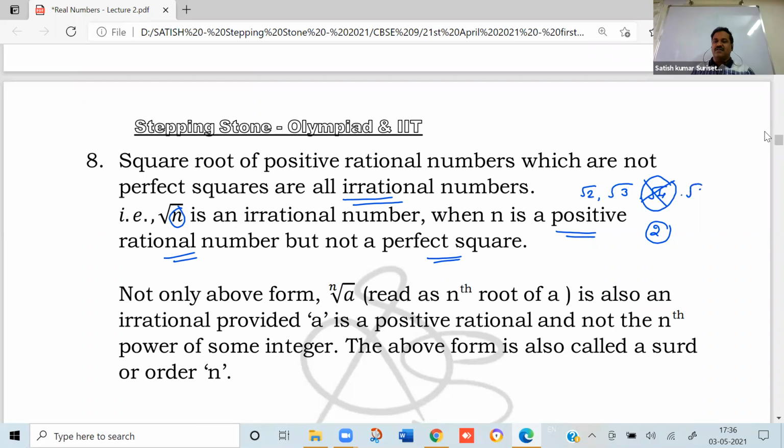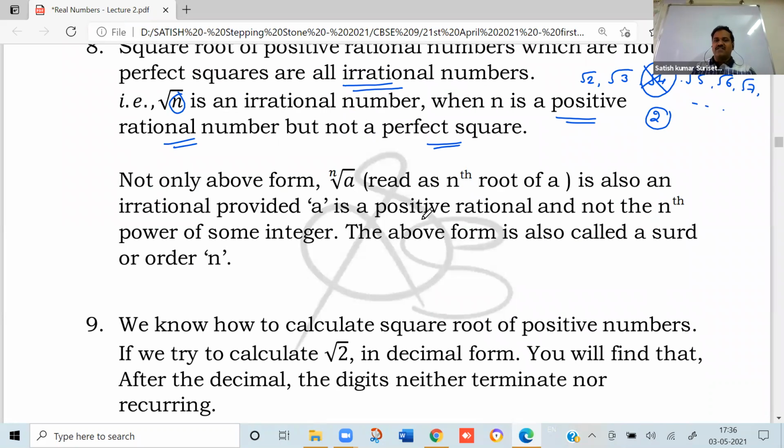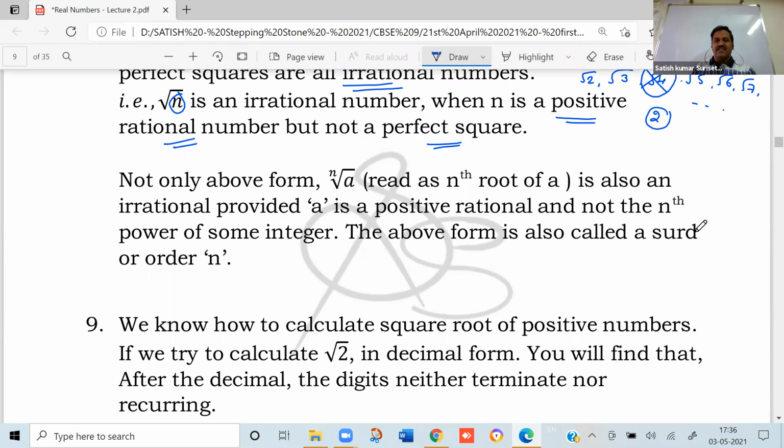Next, root 5. 5 is not a perfect square, so root 5 is irrational. Next, root 6 is irrational. Root 7 is irrational and so on. Now, not only square roots of positive numbers, the nth root of a is also irrational provided a is a positive rational and not the nth power of some integer.